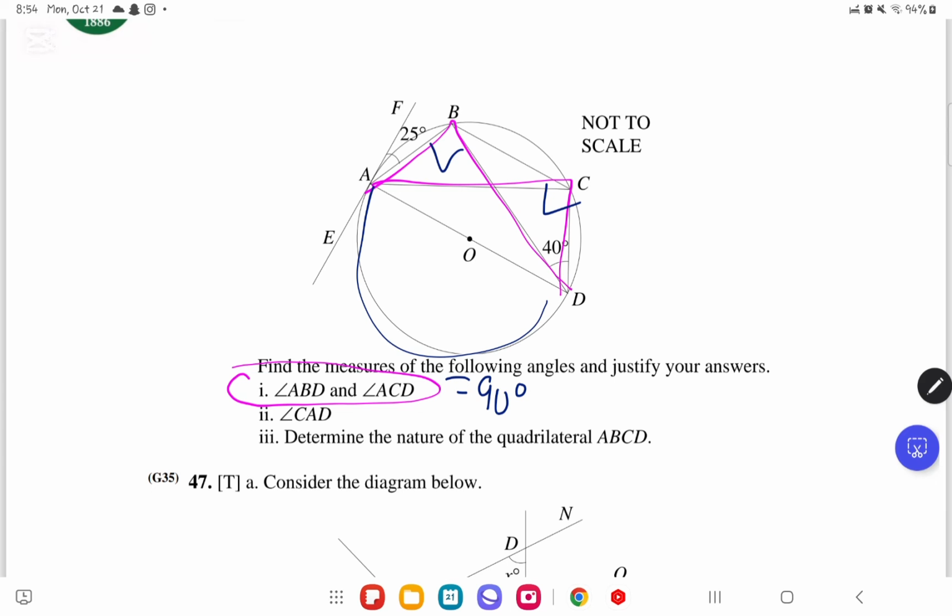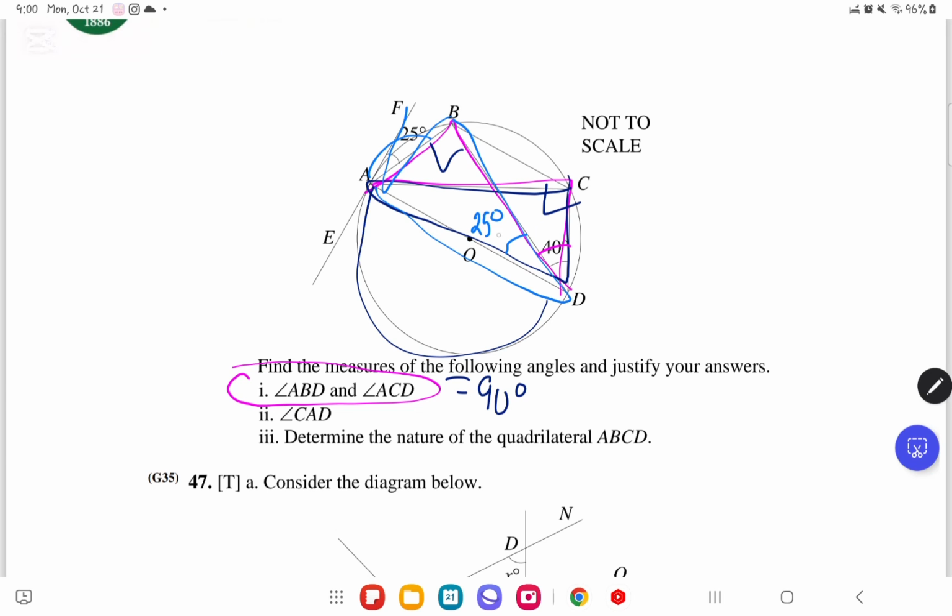Okay. Now we need to find the angle CAD. We have this angle over here is 40 degrees, but we need to find this angle over here. If you notice, it intercepts the same arc that FAB intercepts. So that means it's 25 degrees.